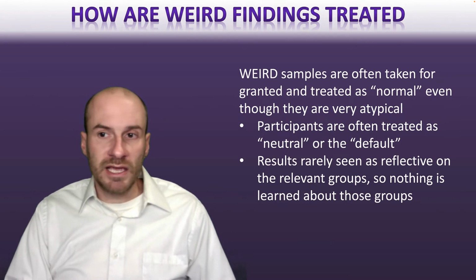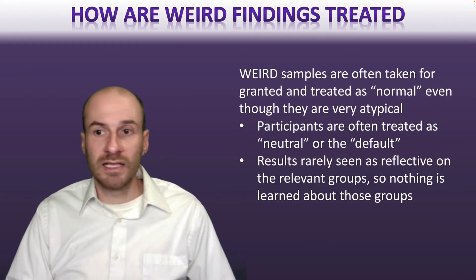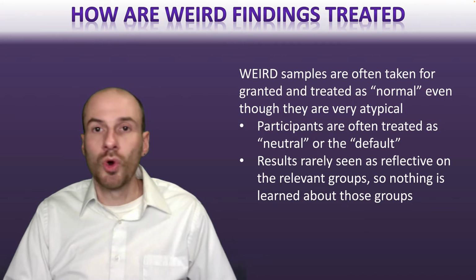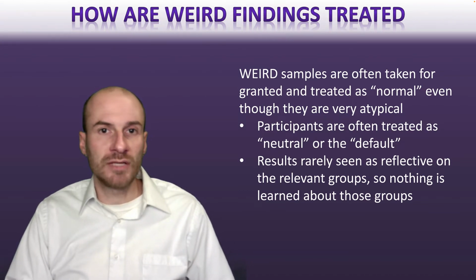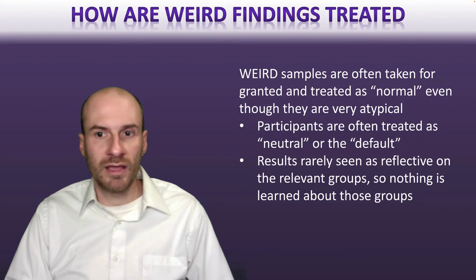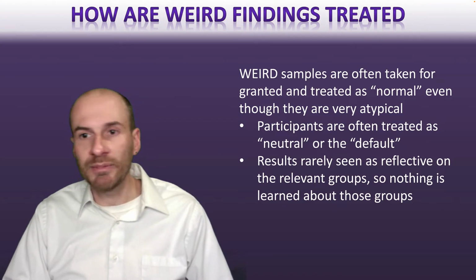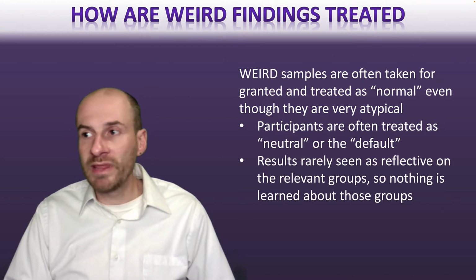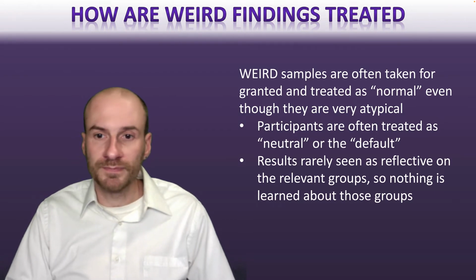So again, the idea here is that weird samples are often taken as the norm, right? And groups that don't fall into that norm are sometimes treated as the exceptions, even when they represent the global majority.